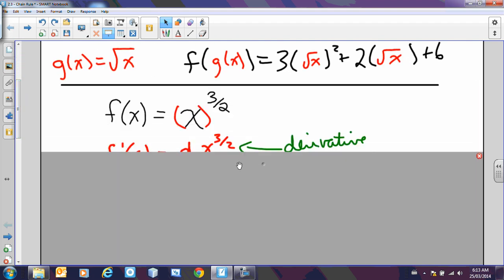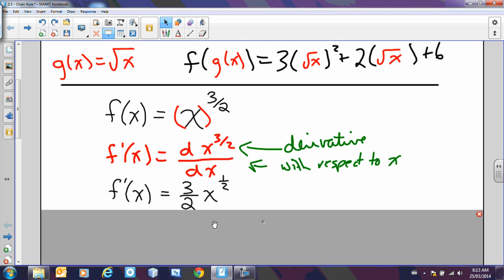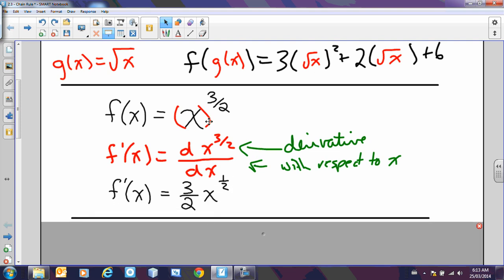Where that leads us, and I didn't necessarily mean for you to see this, but that's okay. If we look at the power rule for derivatives of functions, when I had something like, erase this here, f at x equals x to the exponent 3/2, where we end up is right here.